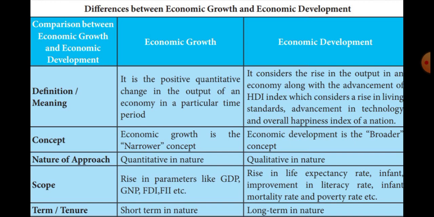Then scope. The scope of economic growth is the rise in parameters, parameters meaning the measurements, like GDP, GNP, FDI, FII, etc. The abbreviation of GDP is gross domestic product.